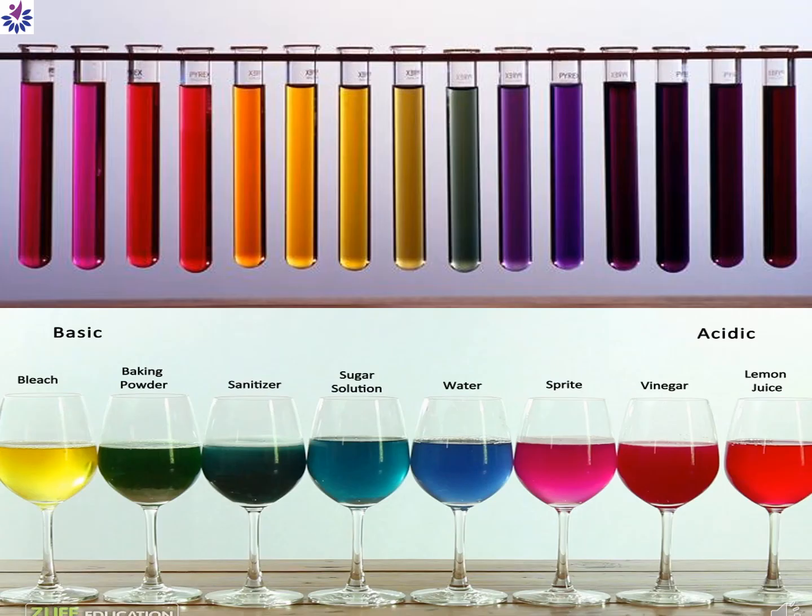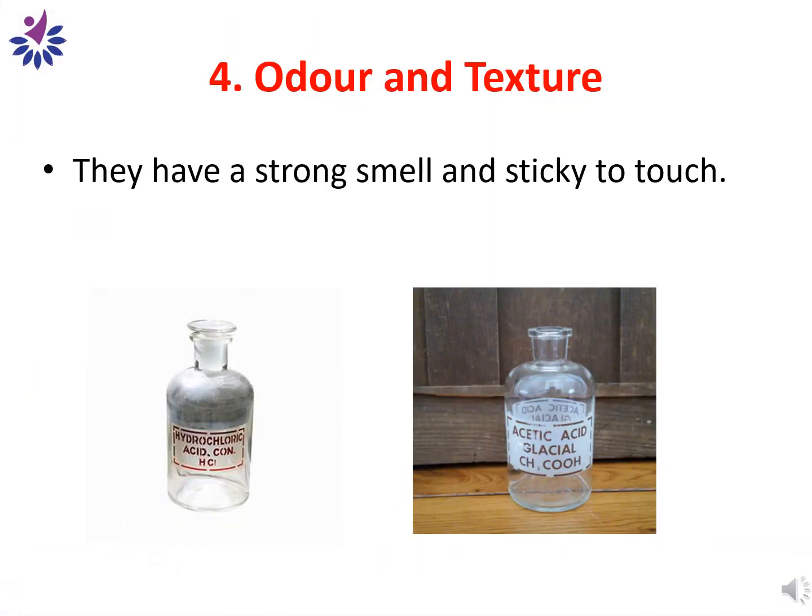These two photographs show different colors of acidic and basic solutions. Lemon juice is acidic, hence its color is red, while bleach is basic, its color is yellow. As the basicity increases, the color becomes darker in the scheme of blue, while the same goes for acid in the scheme of red.